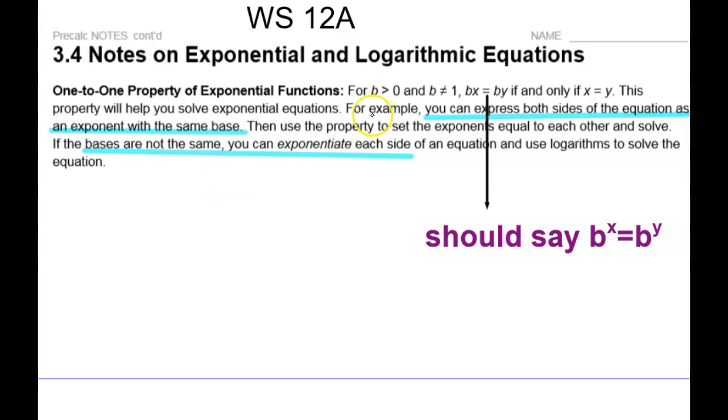All right, so one of the properties we talked about yesterday was the one-to-one property. Now there is one for logs and one for exponents. This is a typo up here. It is supposed to say, and maybe I fixed it, I don't know, but it's supposed to say b to the x equals b to the y, then x has to equal y, right? If you have the same base, then the exponents have to be equal as long as it's written in that format.